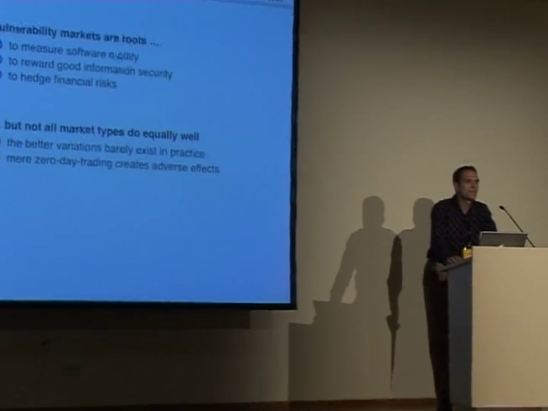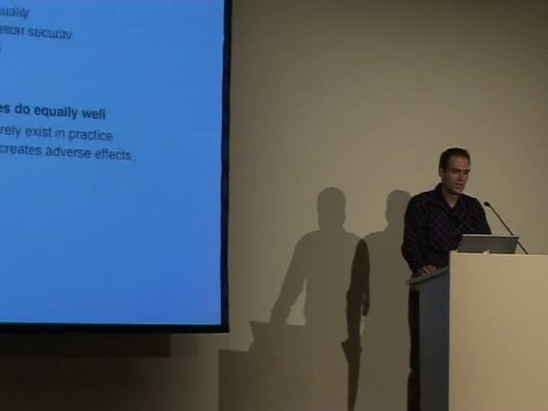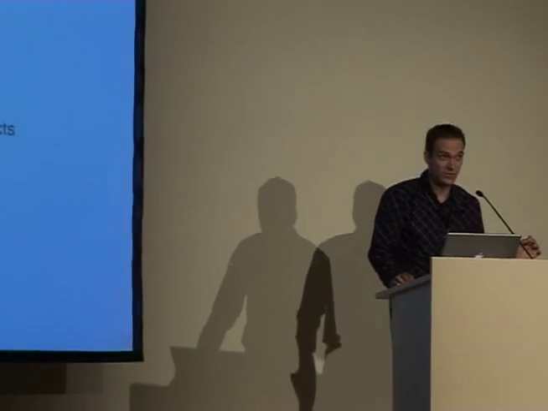Vulnerability markets are not all the same. There are better variations, but those barely exist in practice. And what is absolutely clear, the take-home message more or less, is that a mere zero-day trading, like the eBay example cited at the beginning, creates adverse effects. They are not welfare maximizing strategies at all.